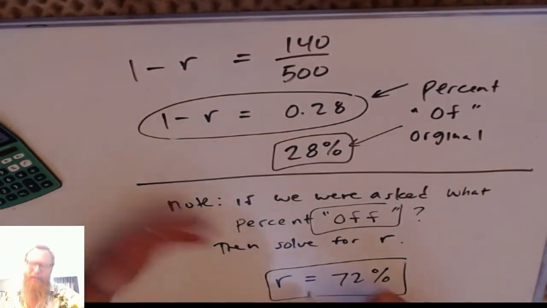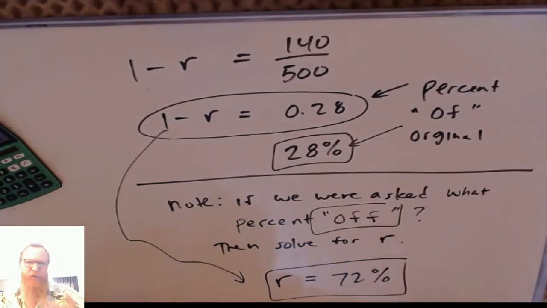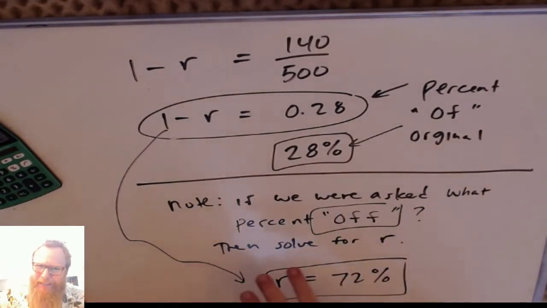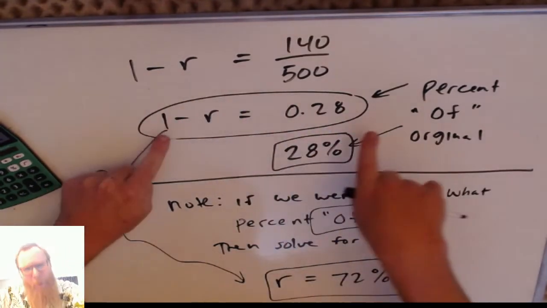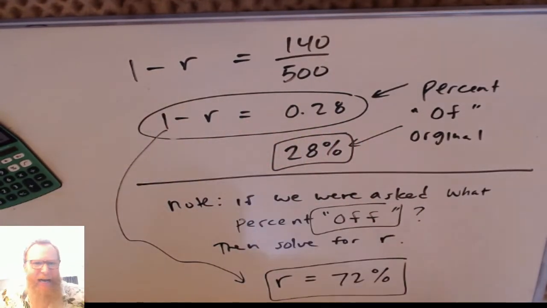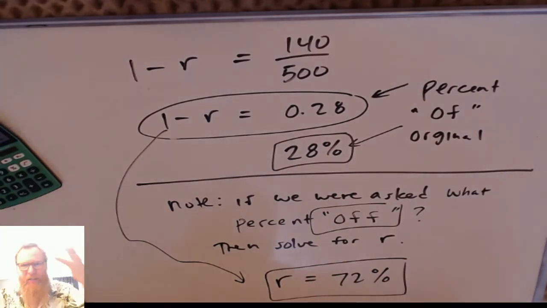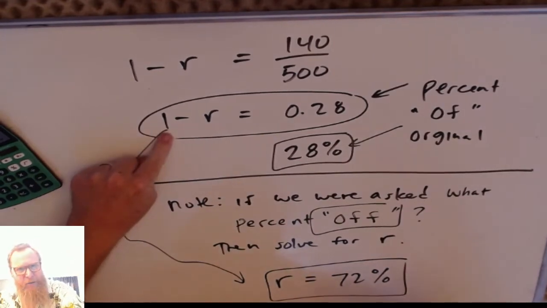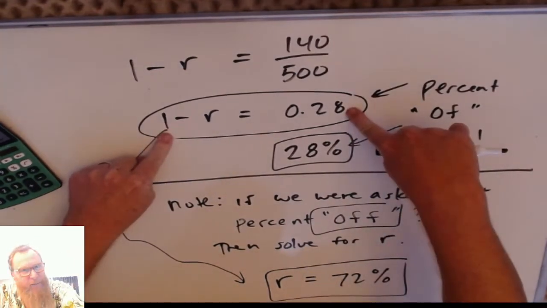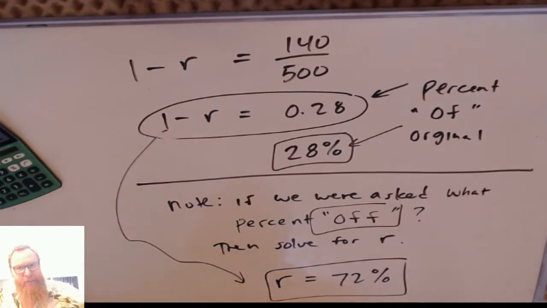100% minus 72% would equal 28%. I always recommend doing that mentally. If you want to actually do all the steps, there's a more complicated set of steps where you move the 1 to the other side and you divide. There's no reason to do all that unless you really want to suffer. You will still get 72, but it's so much easier to just go, okay, that's 100, that's 28, so 100 minus 28 is 72.